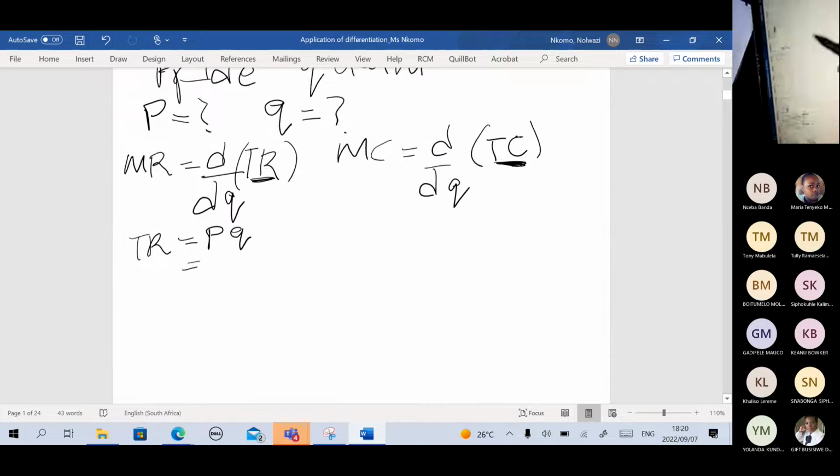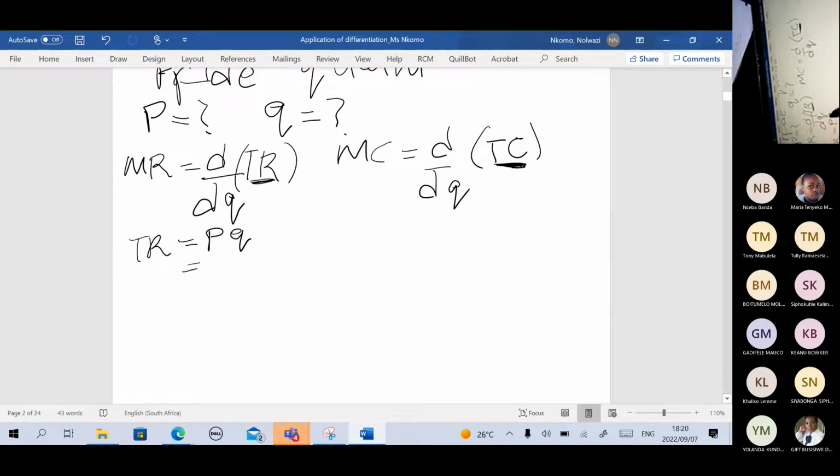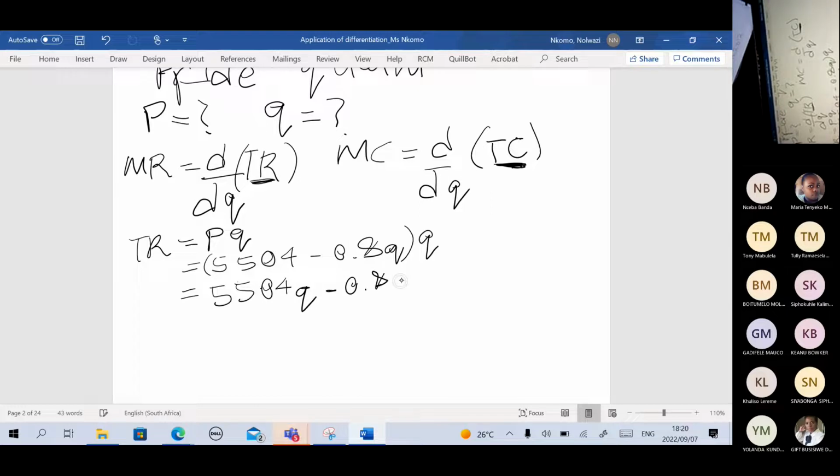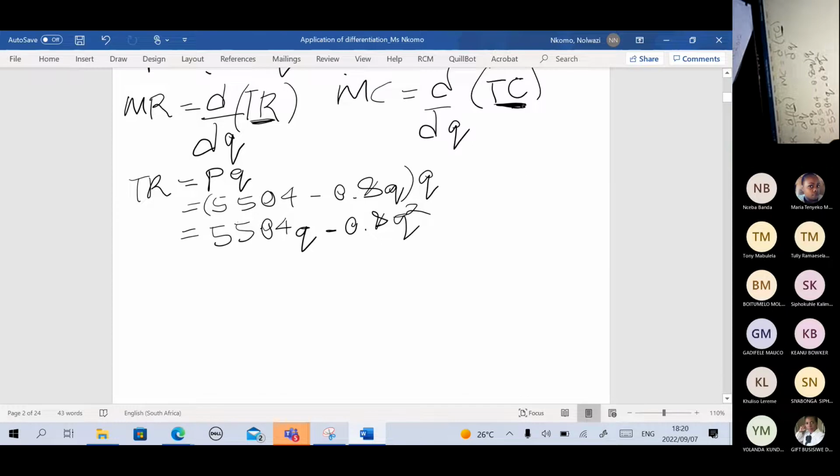So we substitute P with that function. Our total revenue is (5,504 minus 0.8Q) times Q, which gives 5,504Q minus 0.8Q squared.